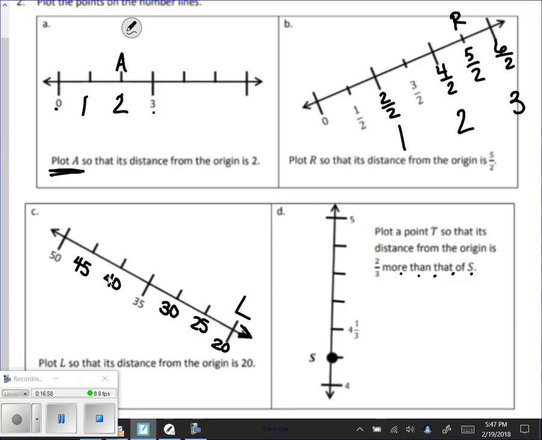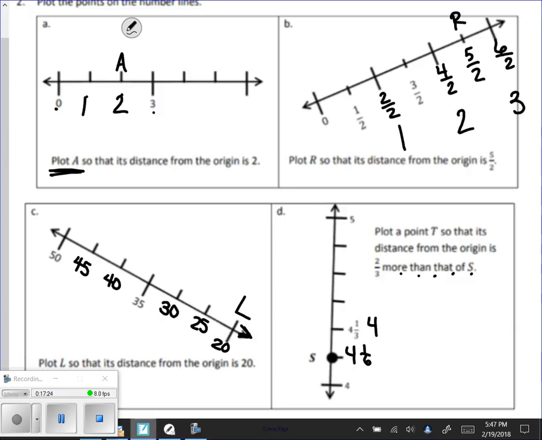So let's see. I know that I've got 4, and then I've got 1, 2, 3, 4, 5, 6 lines in between the 4 and the 5. So if I split them up, they are divided into 6. So this is actually 4 and 1/6.